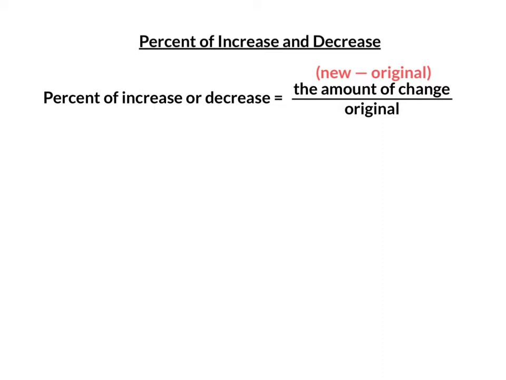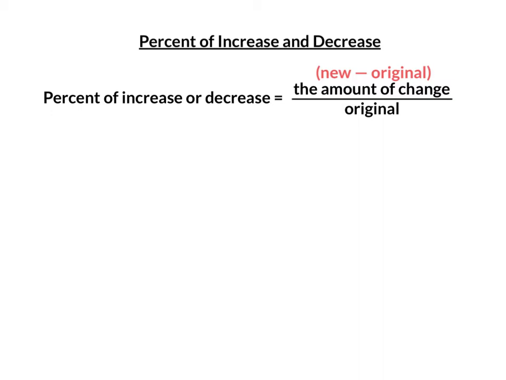The first thing we want to do before we talk about that is how to simply find the percent of increase or decrease. It is the amount of change, the amount the price changes, divided by the original. That means it's the new price minus the original price divided by the original.